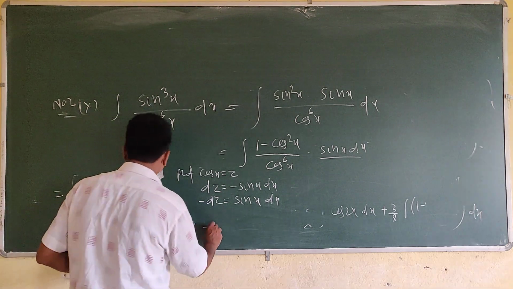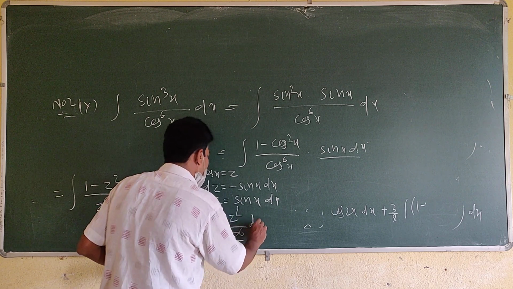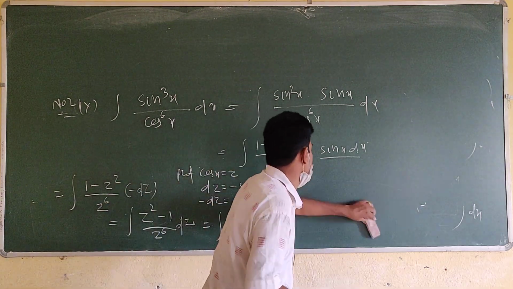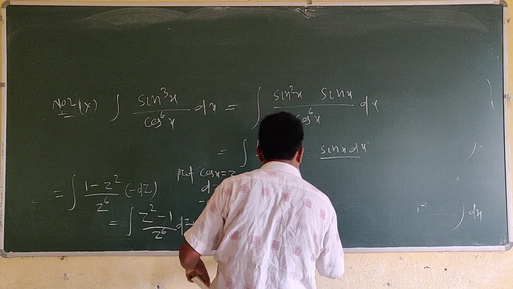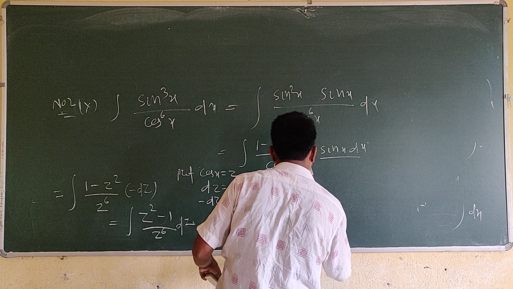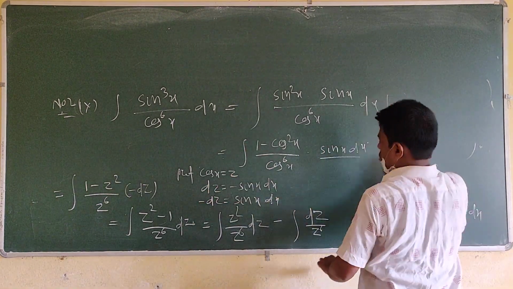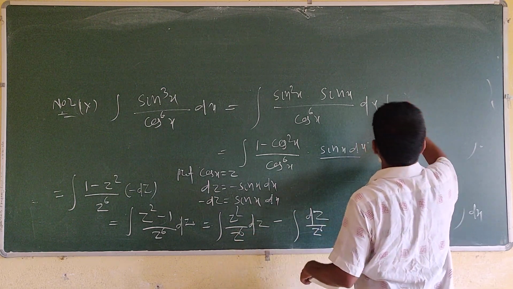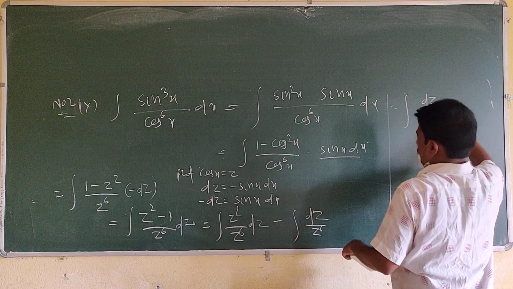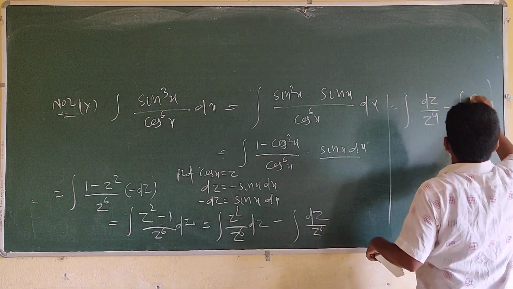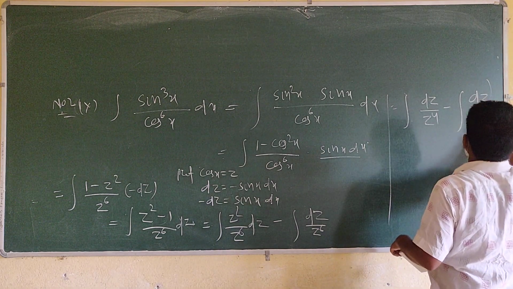Now it is very easy to solve, because z square by z6 dz minus dz by z6. So that value is equal to dz by z4 minus dz by z6.